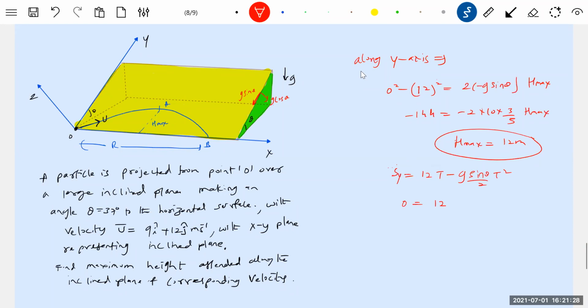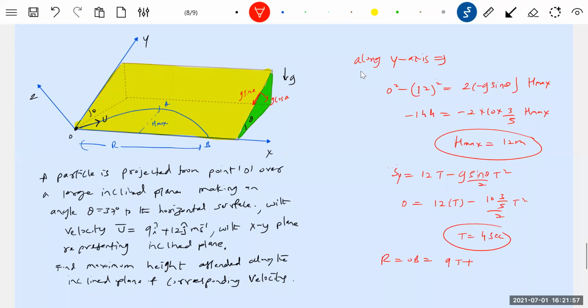This will be 0, since we don't know t. g is 10, sin theta is 3/5, t equal to 4 seconds. With this, we can calculate the range, OB, which should be 9 into t.